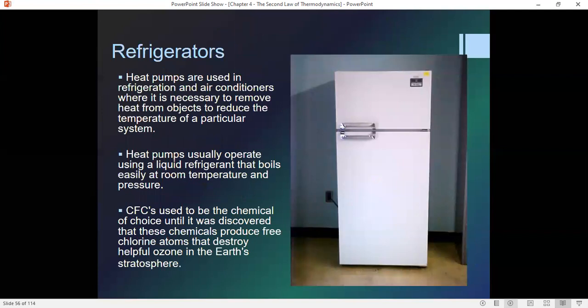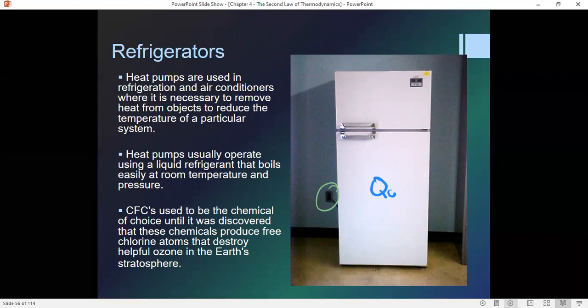Okay, refrigerator. Once again, what exactly is going on here? Well, we have heat that we want to remove from the inside, and to do so, we are introducing work. You can see there's a little plug right here that hooks up to a compressor motor.